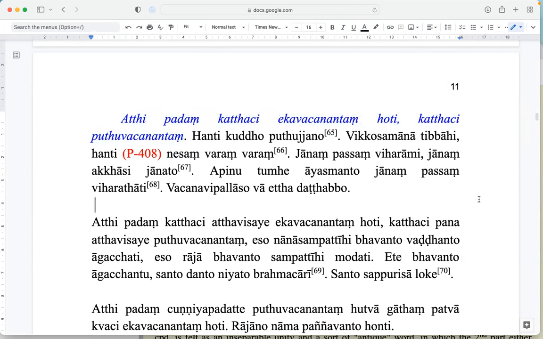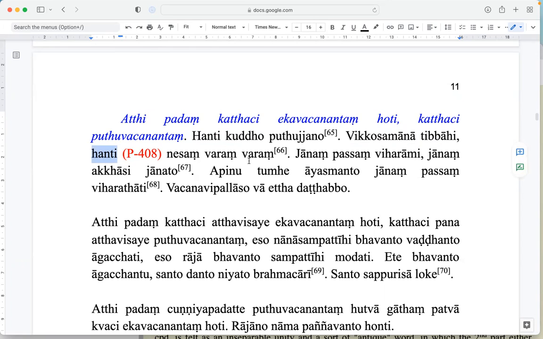Handi kodo puto jano. Handi kodo puto jano. So the angry man, puto jana, the ordinary one who gets angry, so he killed. Handi is singular. Handi is singular. And then so kosa mana debahi, handi nisan waran.